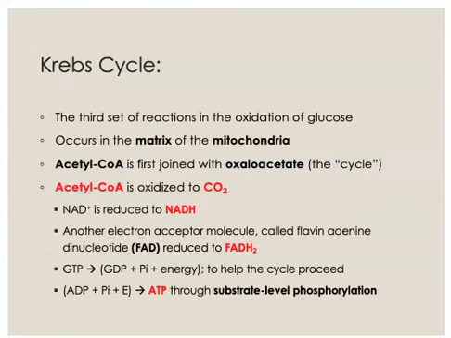The third set of reactions in cellular respiration is called the Krebs cycle. This set of reactions is also going to occur in the matrix of the mitochondria in eukaryotic organisms. The acetyl-CoA molecule that was produced during pyruvate processing is going to first be joined together with a molecule called oxaloacetate.